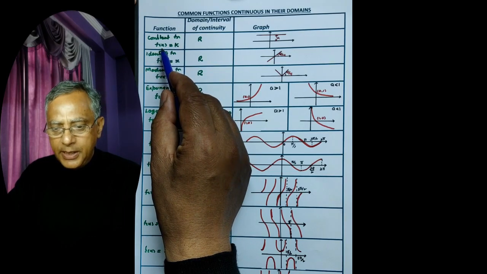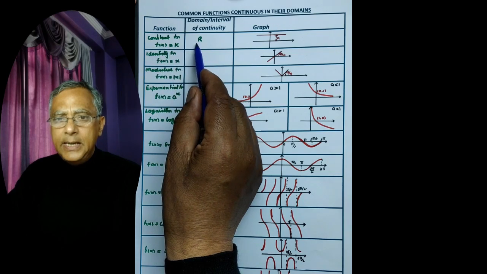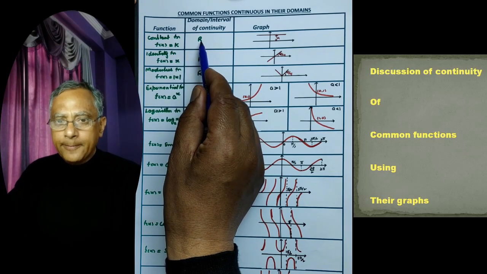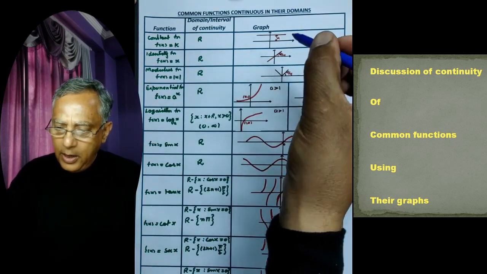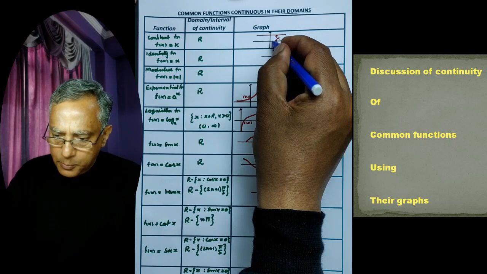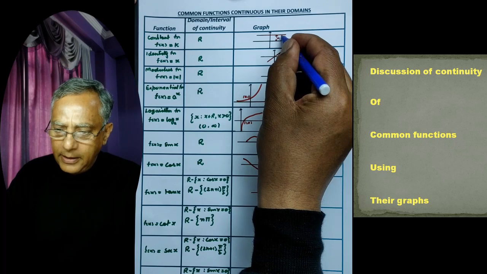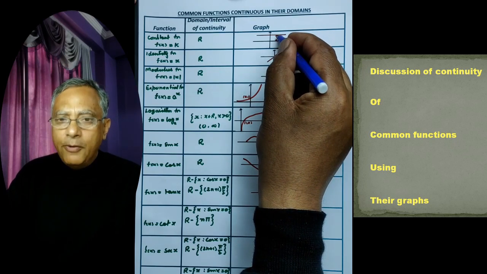This function is defined for all x, so its domain is R. It is defined everywhere, and f(x) equal to k, therefore at every point, the value of the function will be k.